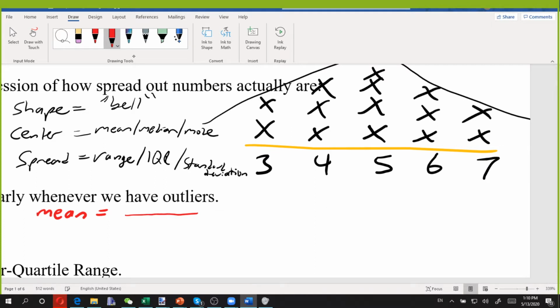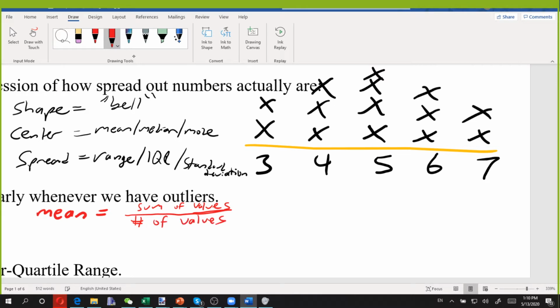If I wanted to get the average of all of these numbers in our data set right now, what would I have to do? Add them up and divide. Okay, so the sum of the values and then divide by what? The number of values. Perfect.